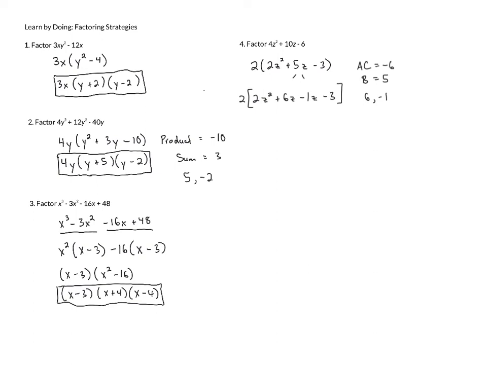Now, what should we do next? Since we have 4 terms in the brackets, we will finish off by factoring by grouping. We'll keep the 2 on the outside, and then in the brackets, we will factor by grouping. The first group has a GCF of 2z. We pull that out, and we have leftovers z plus 3.